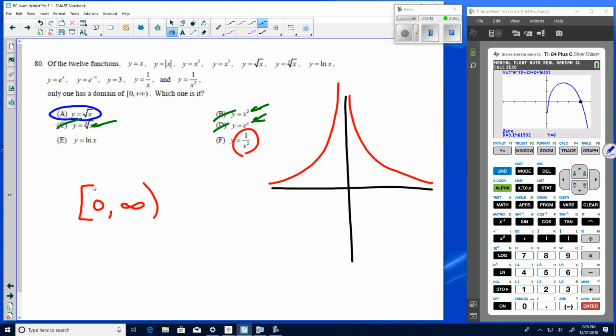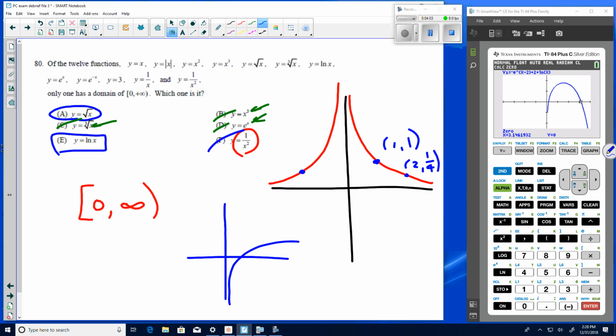We're going through the point 1, 1, and instead of 2, 1 half, it's at 2, 1 fourth, right? And the same thing over here. But at any rate, that is not the positive numbers. That's out. And the natural log, again, does not include 0. So here's a log graph. It does not include 0. Remember, the natural log of 0 is undefined, so that's out as well. Choice A, square root.